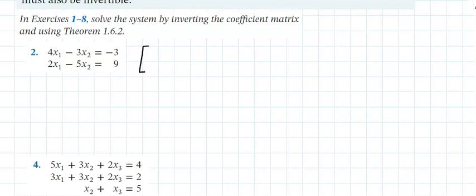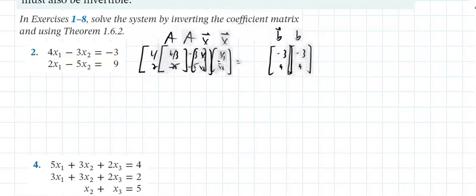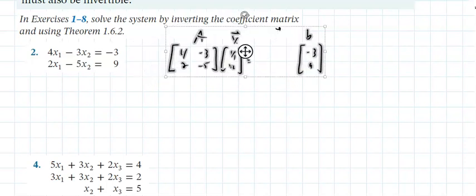This really writes as the matrix [4, -3; 2, -5] multiplied by [x1, x2], and that equals [-3, 9]. Now, how do you find the inverse? We have two ways. If it's a 2 by 2, we have a shortcut. Let's use that. If this is A, this is X, and this is B. So what I'm going to do, I'm going to find the inverse of A. A inverse, I have two ways of doing that.